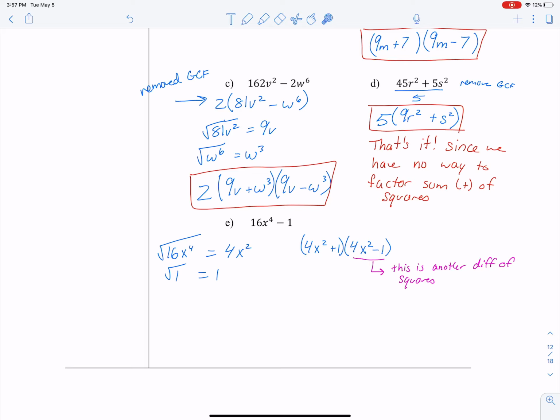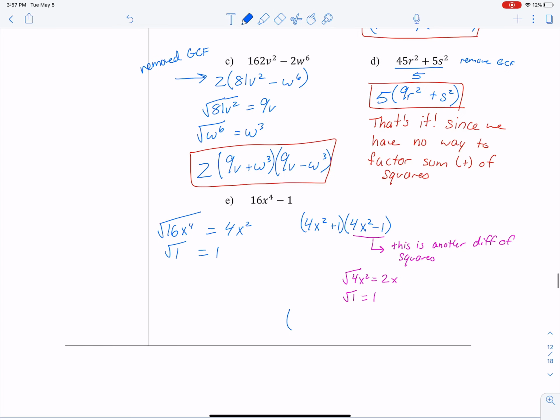Now I can't do anything to this first one because it's positive, but I can continue to factor the other negative one. This gives me 2x, and root 1 is just 1. So for my final answer, I rewrite the positive one. That one didn't change because it was a positive. And then this second bracket here splits into 2x plus 1, 2x minus 1.